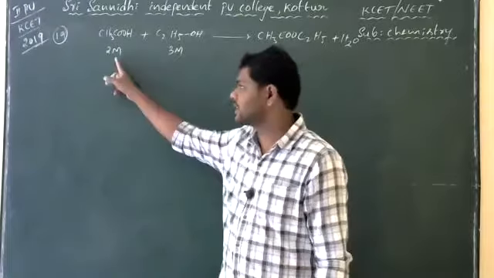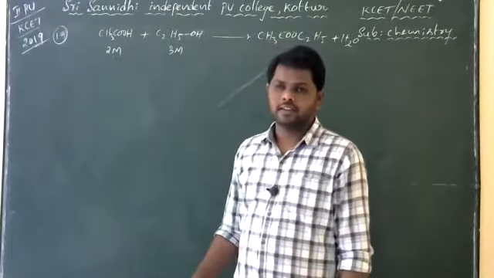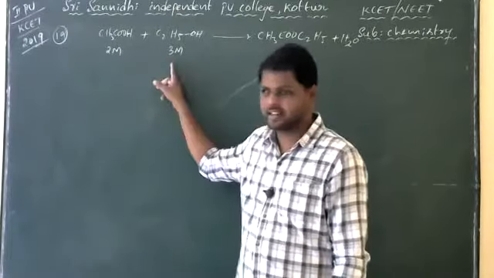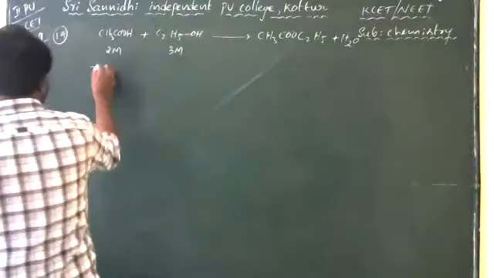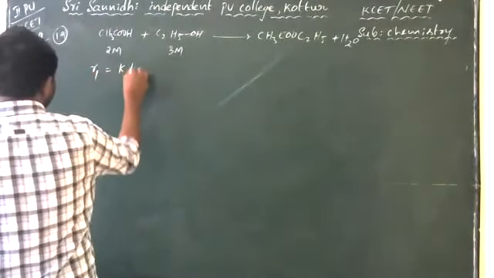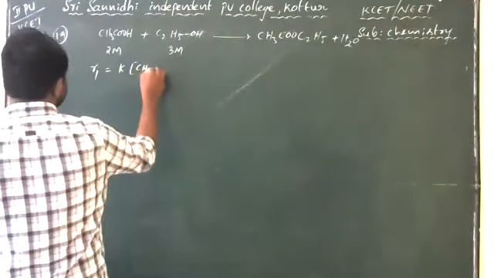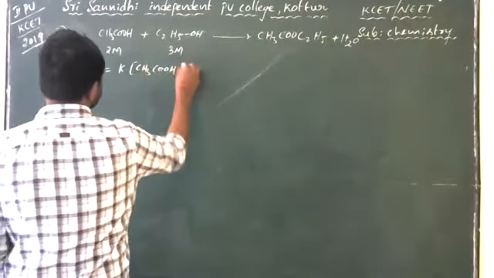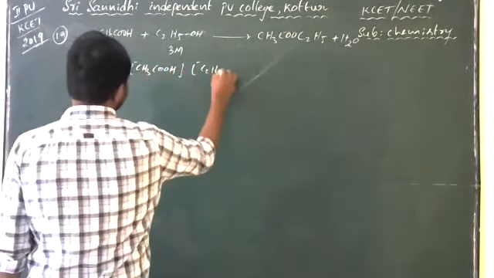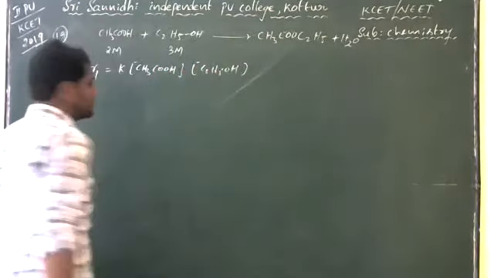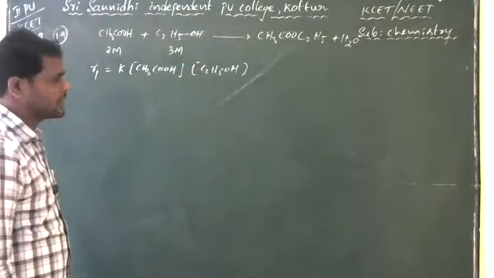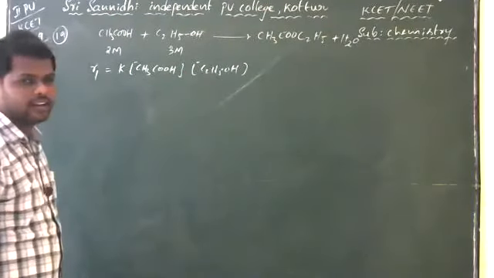That means first the concentration is given, 2 molar. So first find the initial rate. R1 is equal to K into the concentration of CH3COOH, then the concentration of C2H5OH, which is the rate law expression for the formation of ester from acetic acid and ethyl alcohol.